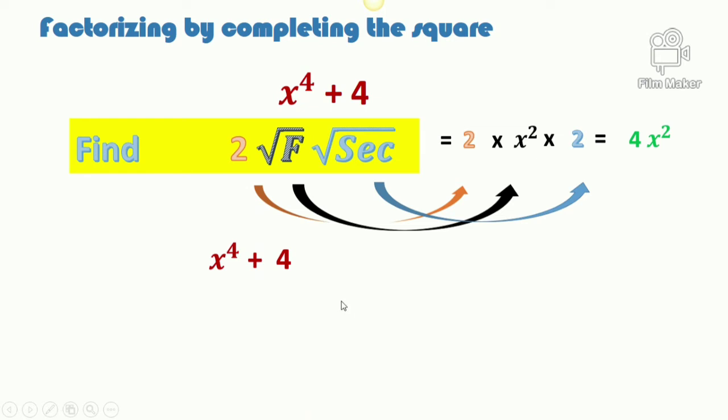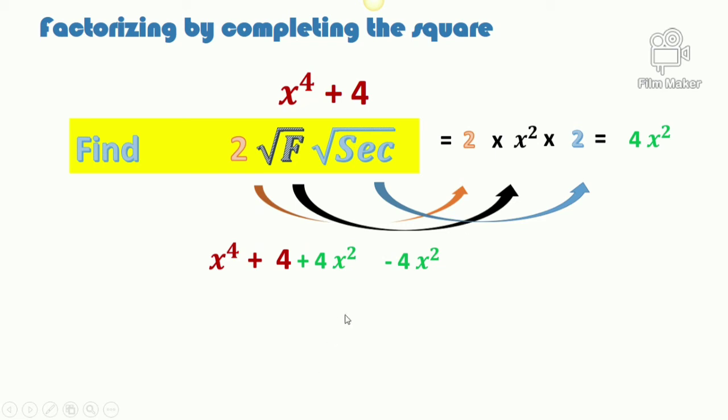Then we write plus 4x power 2 minus 4x power 2. In this case, we don't change anything in our expression. I add a term, then I subtract it. So plus 4x power 2 cancels with minus 4x power 2. The value is the same.